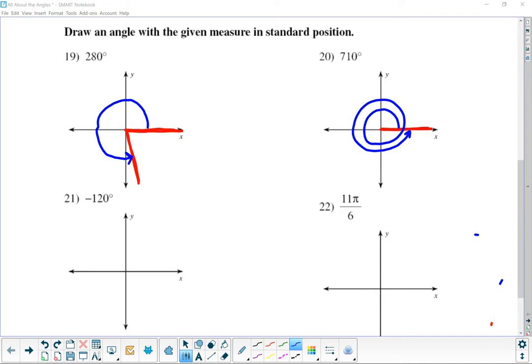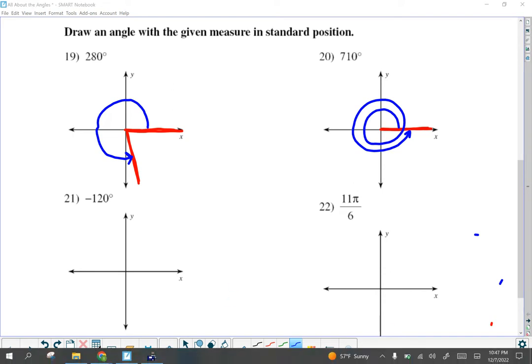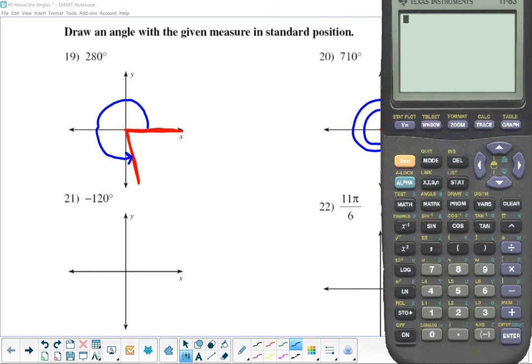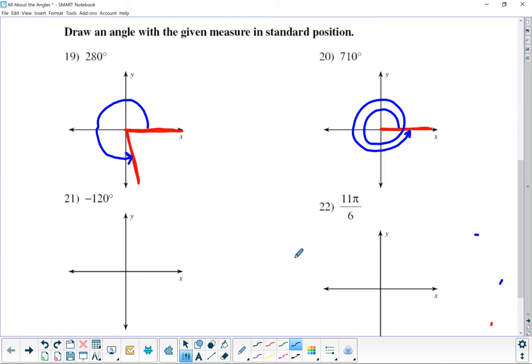How much is 2 full circles? One full circle is 360 degrees, and if I add another full circle, 360 degrees, I get 720. And I don't need 720. I need 710. So it is almost two full circles, but it's actually 10 degrees less.